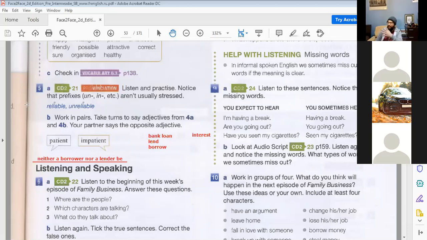And can we say it in another, maybe easier way? Lender. Lender comes from lend, to lend money. What does lending money mean, Manal? It's the opposite of lend.